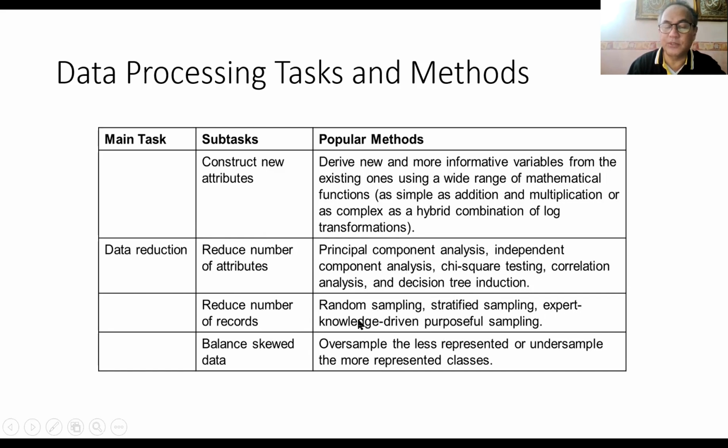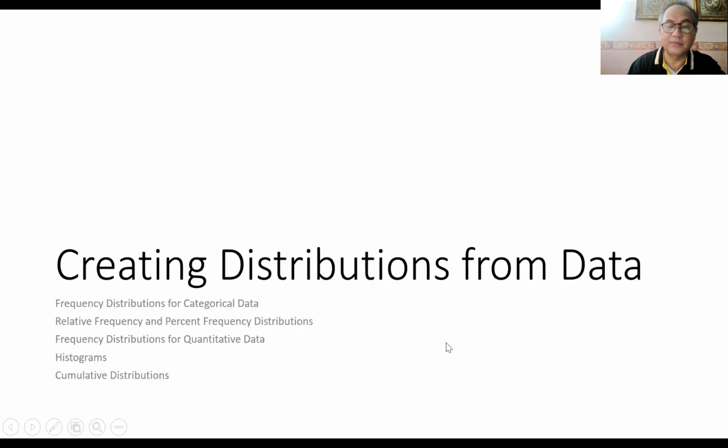This is usually a qualitative method. Purposeful sampling is for qualitative research, qualitative analytics. And then you can balance skewed data. You can oversample the less represented data, or undersample, so the classes are more balanced.